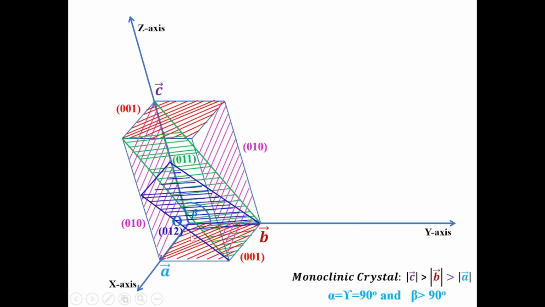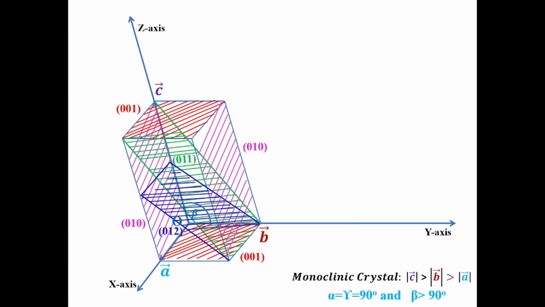How is it? The X axis intercept is infinite, the Y axis is 1, and the Z axis is 1 by 2. So take the reciprocal: this will be 0, this is 1 and this is 2. So 0, 1, 2 will be the Miller indices of this blue color plane, right?